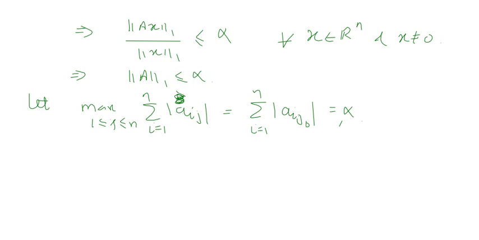Now can I find an x, or can I create an artificial x, such that norm of ax1 is this summation i equals 1 to n of the modulus of aij naught? Yes. So if I consider x as a vector, 0, 0 and so on, that is 1, 0, 0, 0.